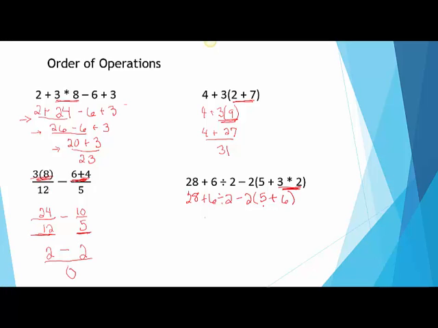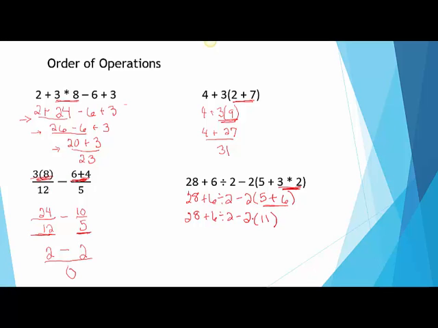Okay, next I do the next thing inside that parenthesis, because I'm still inside the parentheses and it goes first. So I'm going to do that addition. So I get 28 plus 6 divided by 2 minus 2 times 11.